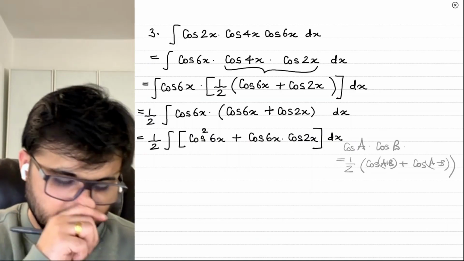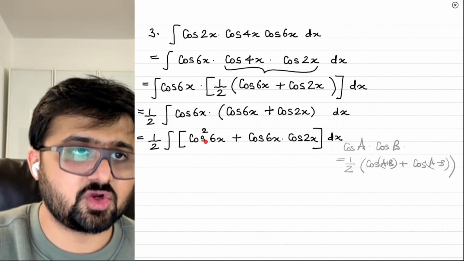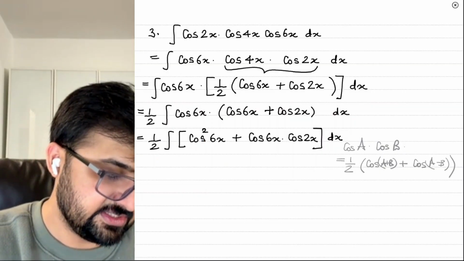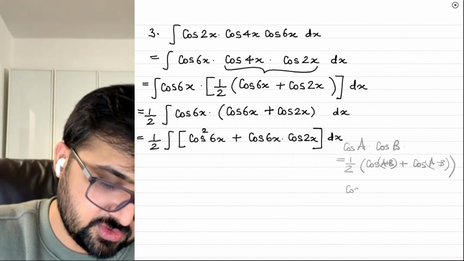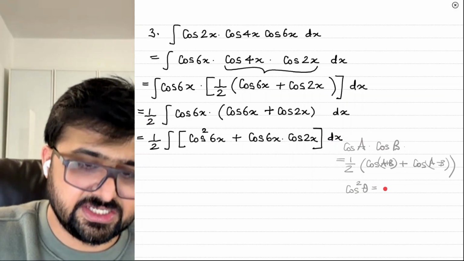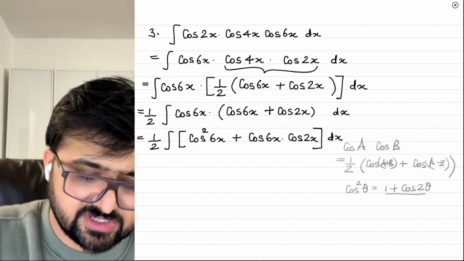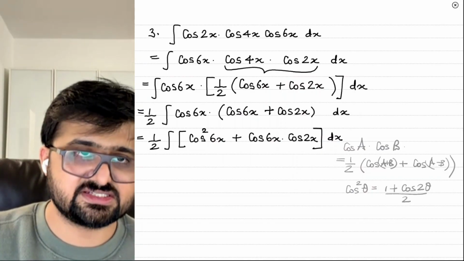dx. Now the first term is cos square 6x. We know that cos square theta, we can convert that into power 1 by the formula 1 plus cos 2 theta divided by 2, that formula that we just discussed.